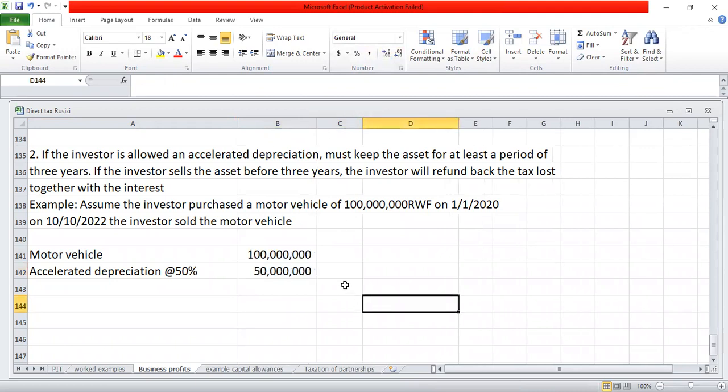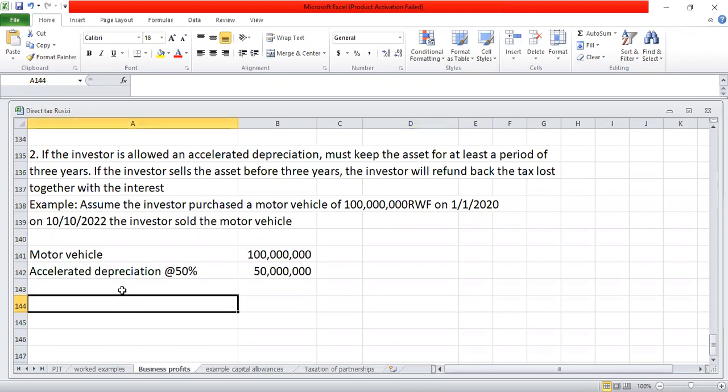Now, if the investor sells this asset before 3 years, we are saying that the investor must refund the tax that was lost. Because the asset was sold in 2022, remember it was purchased in 2020, and sold on 10th October 2022.